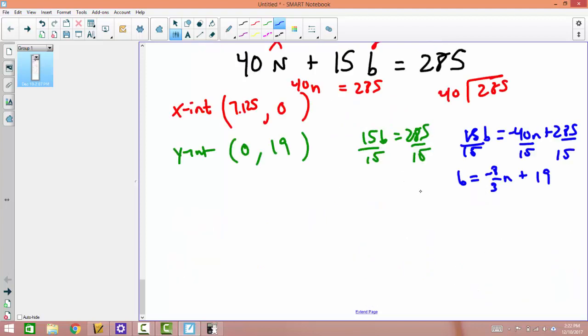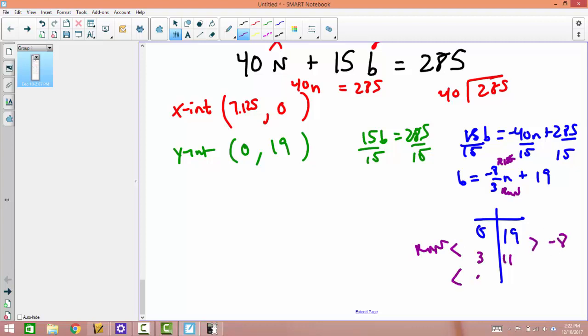So this is another option to graph it where you could make a table and 0 gives you 19. And then this is your rise over your run. So every time you go up 3 in the x, you're going down 8 in the y. So 3 would give you 11, and 6 would give you 3. And that's why 7.125 gives you 0, because then we're going to be in the negatives, which doesn't make a lot of sense because the domain, you need to have the beads.